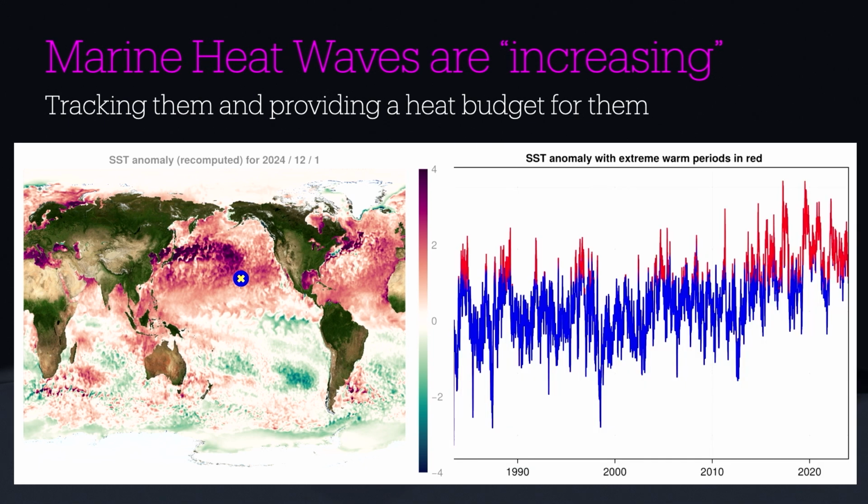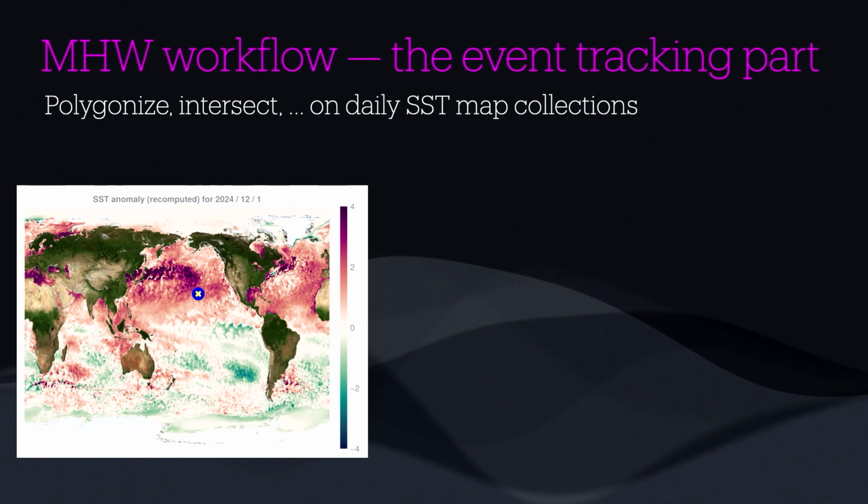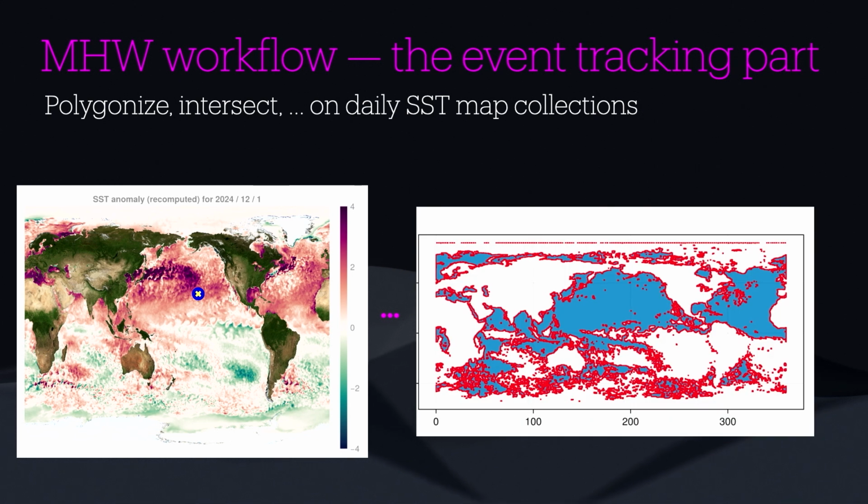So in brief, the workflow looks like this: step 1 and step 2. Step 3 is this. You go from that to a polygon, and this is where something like geometry ops comes in. Then you want to do this sequentially for every day. You want to overlap the polygons, decide if they are the same event, and build a kind of time-variable moving polygon.